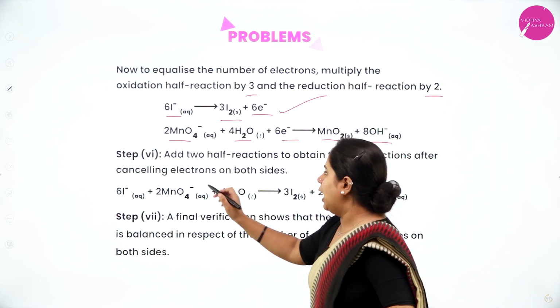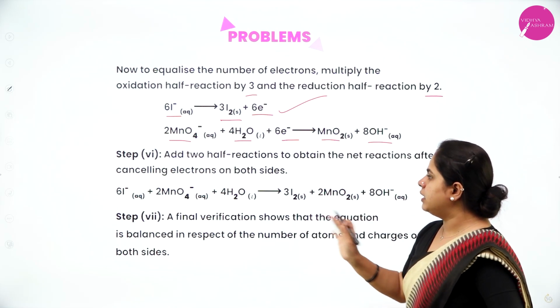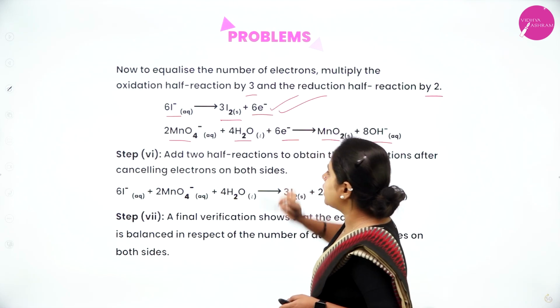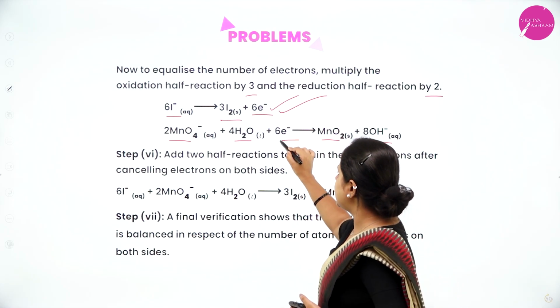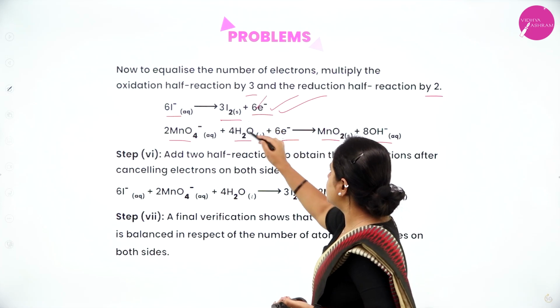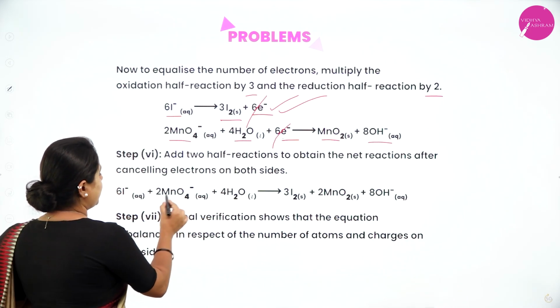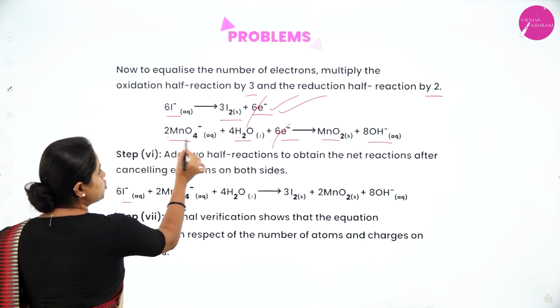Now we are going to add the 2 half reactions to obtain the net reaction after cancelling the electrons on both sides. So you can see the 6 electrons are on the product side here and 6 electrons on the reactant side here. So these two will get cancelled. Now we are going to add both of the reactions. So you get 6I⁻ plus 2MnO4⁻.